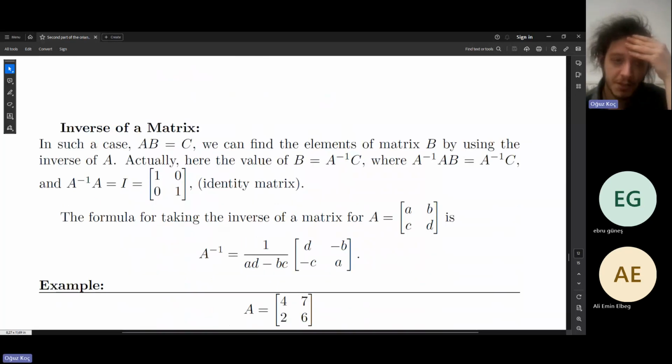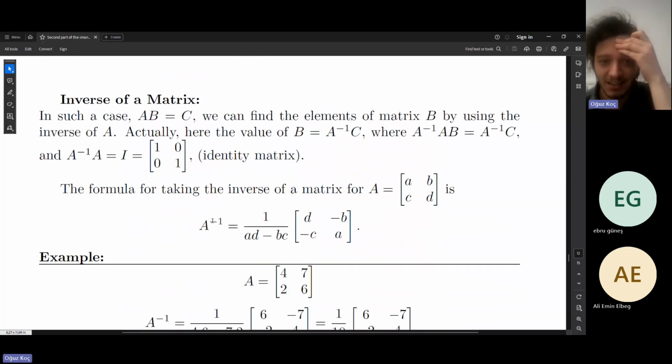Okay. Then we'll pass to the inverse of the matrix. Then we want to take the inverse of a matrix. We just need to calculate this formula here. Let's assume that we have a matrix A, which contains the elements a, b, c, and d. For taking the inverse of A, first we need to calculate this ratio, which is 1 over a times d minus b times c.